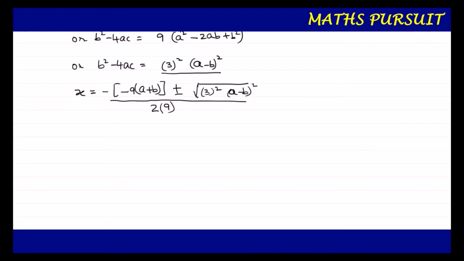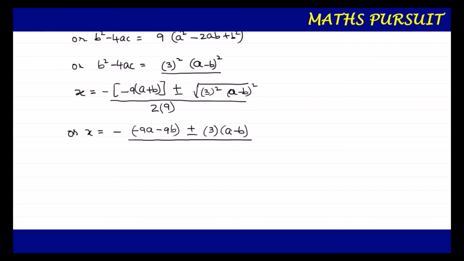Or x is equal to, I can write minus, let the minus be outside and let me multiply, minus 9a minus 9b, plus or minus, guys, here it is 3 to the power 2 and a minus b to the power 2 root over. Then definitely I will get here only 3 into a minus b upon, because the root over of 3 square is 3 and the root over of a minus b square is a minus b, upon 18.